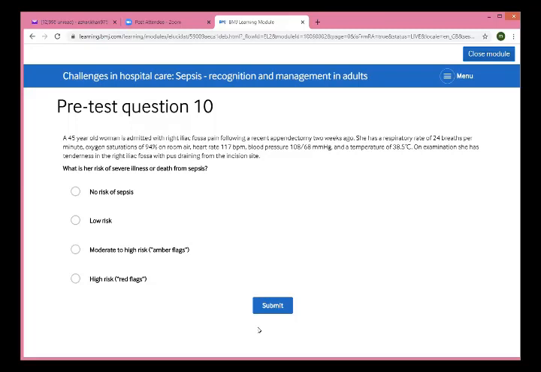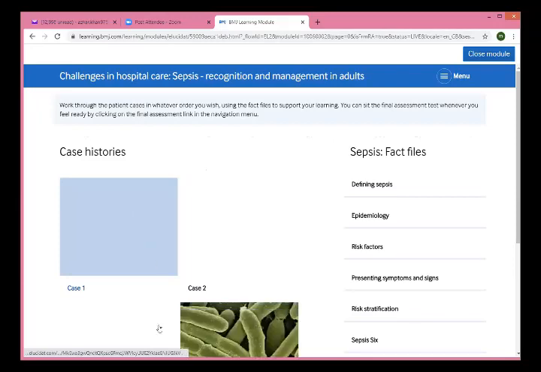She has a respiratory rate of 24 breaths per minute, oxygen saturation of 94%, hypotensive, hyperthermic, tachycardic. So she probably has a post-operative complication. She is hypoxic as well. Tender. So she has a high risk of developing sepsis. So post-operative wound infection.